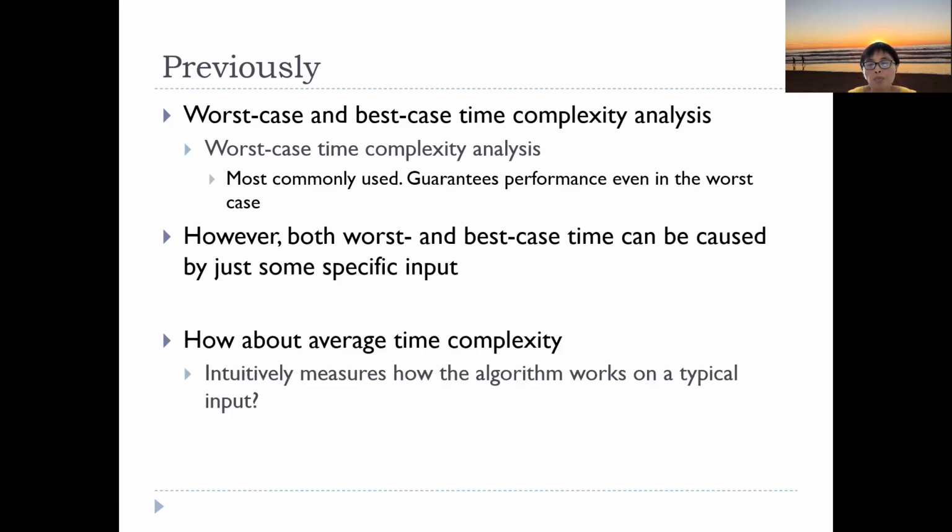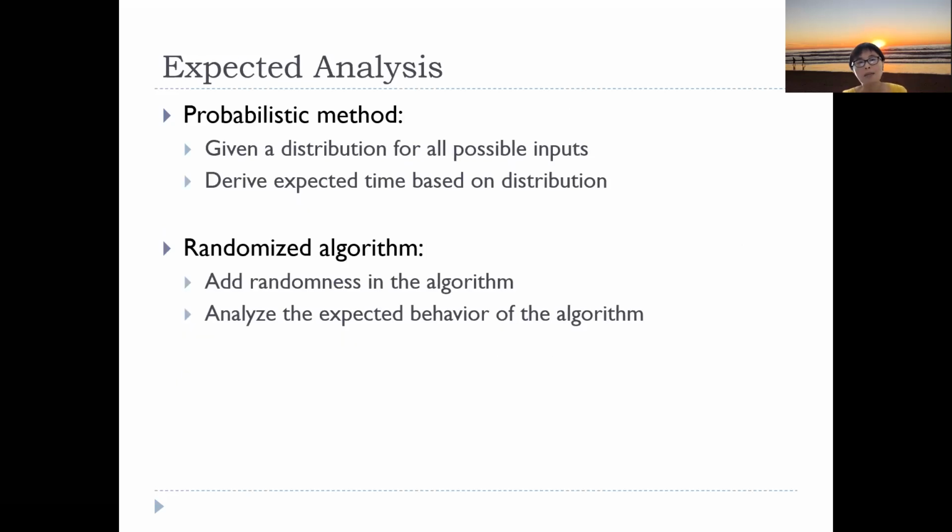So it's natural to think, how about average time complexity? Intuitively, if your algorithm works on many different types of input, what is the average time? This gives you an idea of how your algorithm works on a typical input, so to speak. But there's a caveat. It's not so easy, because if I want to talk about average time complexity analysis, I have to assume that I know the distribution of all possible inputs.